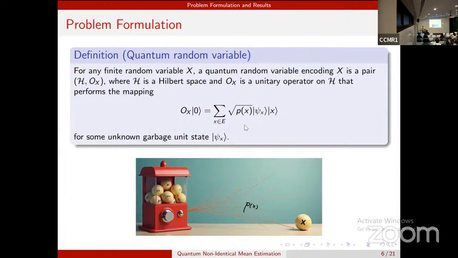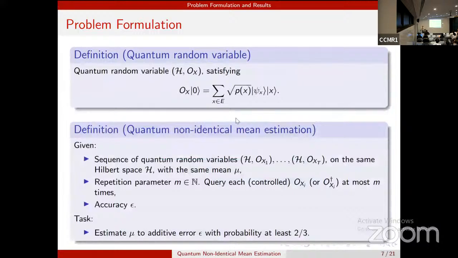In addition, generally we cannot just get this distribution for free. It always requires some calculation, so we need another register for doing calculations or storing data. So we always assume that there is some unknown garbage unit state for X here. And this is a quantum random variable.